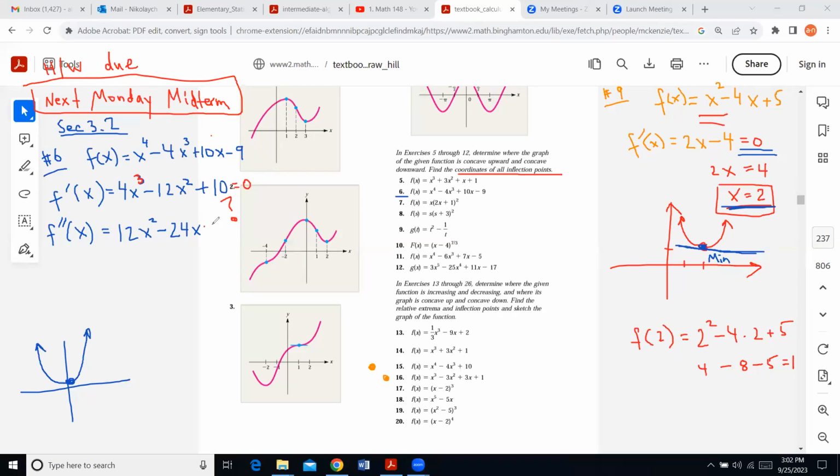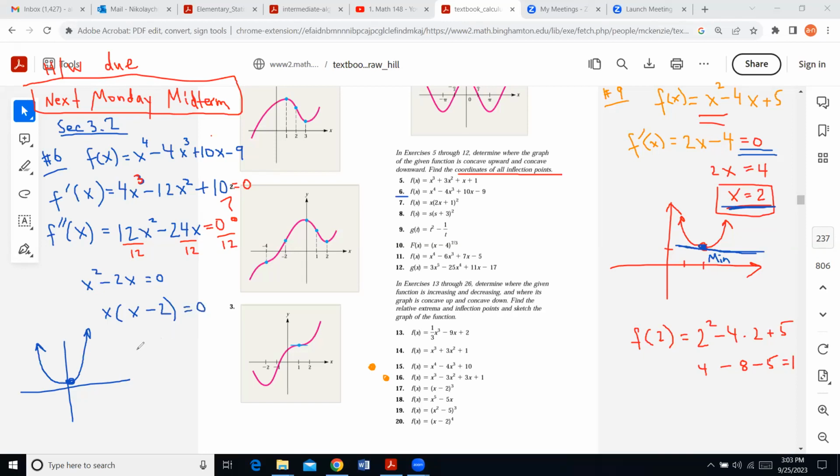And this equation I can solve. First of all, I can make it look simpler, divide by 12, because the smaller the numbers are, the better. So we're going to have x squared minus 2x equal to 0. So I can factor out the letter x. So we have x times (x minus 2) in the parentheses.